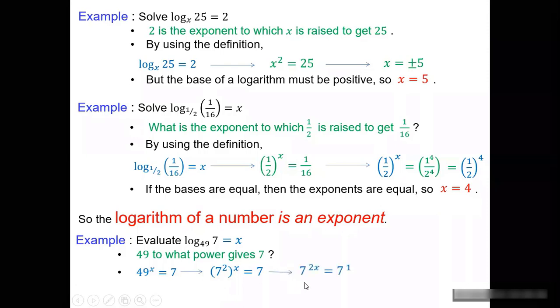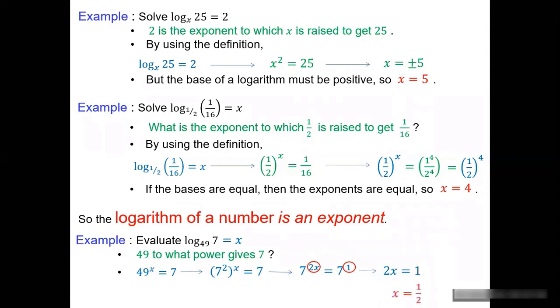So I could rewrite this as 7 to the 2x power is equal to 7 to the first power. If the bases are the same on both sides, then the exponents must be the same. And therefore 2x equals 1 implies that x is equal to 1/2. So the exponent that I have to raise 49 to in order to get 7 is 1/2.